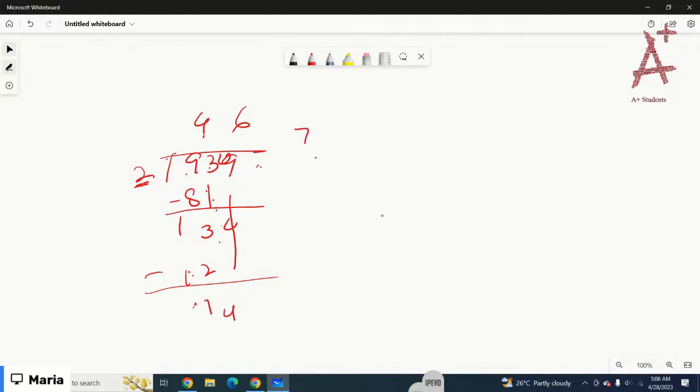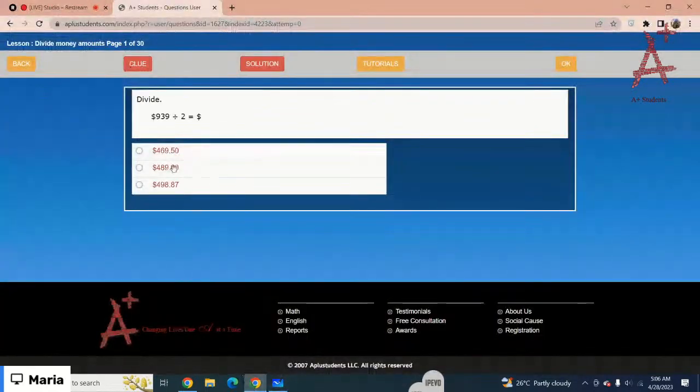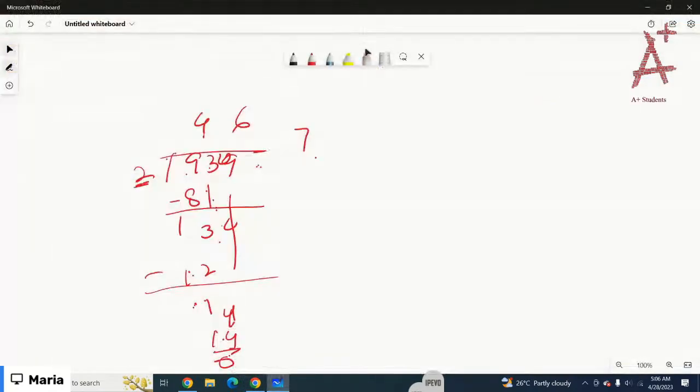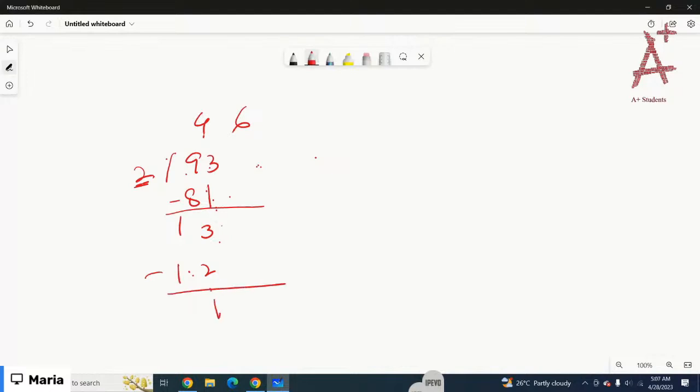You have to count 2 until 14, so it would be 2 times 7 is 14. Got it? So 939, sorry, not 934. It is 9. So you have 13 minus 12 is 1.